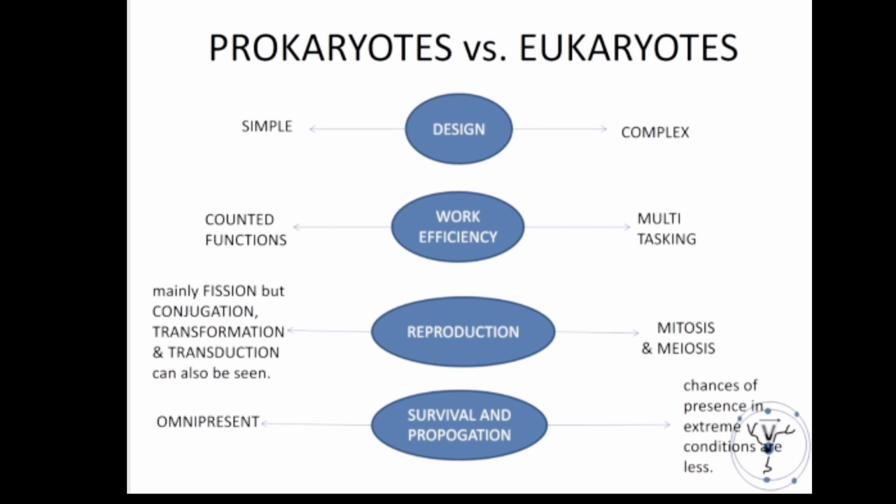So in this way, at some point prokaryotes are quite successful in certain conditions, while in many conditions eukaryotes are also successful in surviving. Hence in today's time we witness the presence of both the forms, and there is no eradication of prokaryotes from the earth.